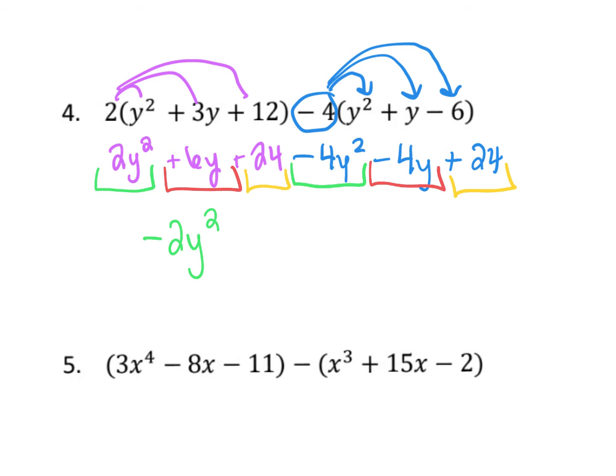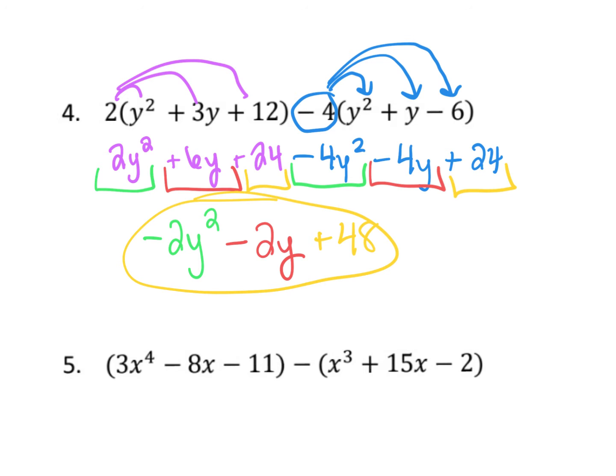Remember, your exponents stay the same, right? We're not combining any exponents since we're adding like terms. 6y minus 4y is 2y. And 24 plus 24 is 48. So that is your final answer for number 4.